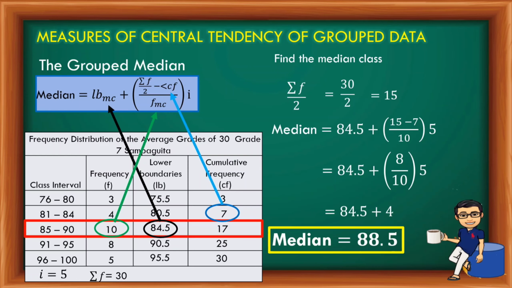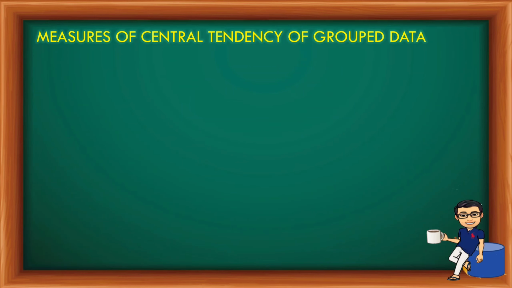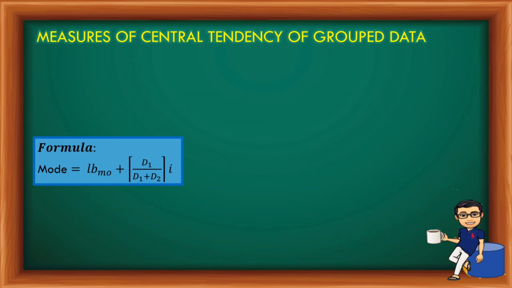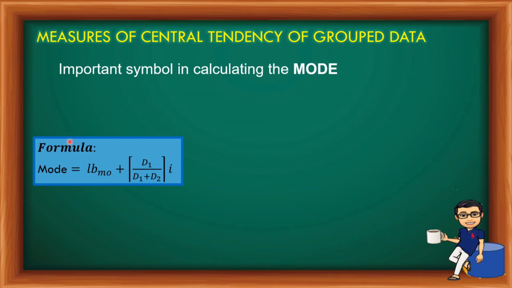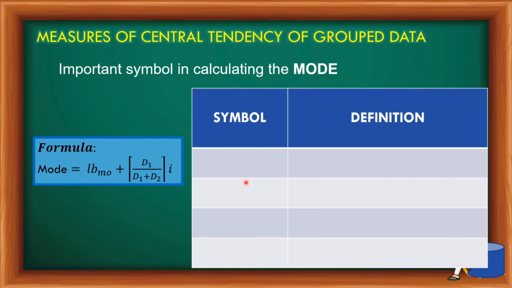Okay, how about the mode? This time around, ito naman ang formula para makuha natin ang mode natin. So, important symbols in calculating the mode. Isa-isahin ulit natin. Itong symbol na to, ang ibig sabihin naman niyan, lower boundary of the modal class. Pag sinabing modal class, yung highest frequency.